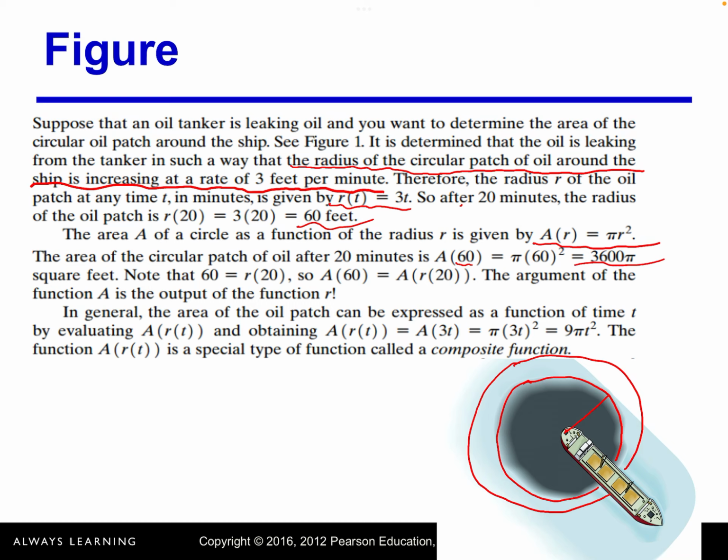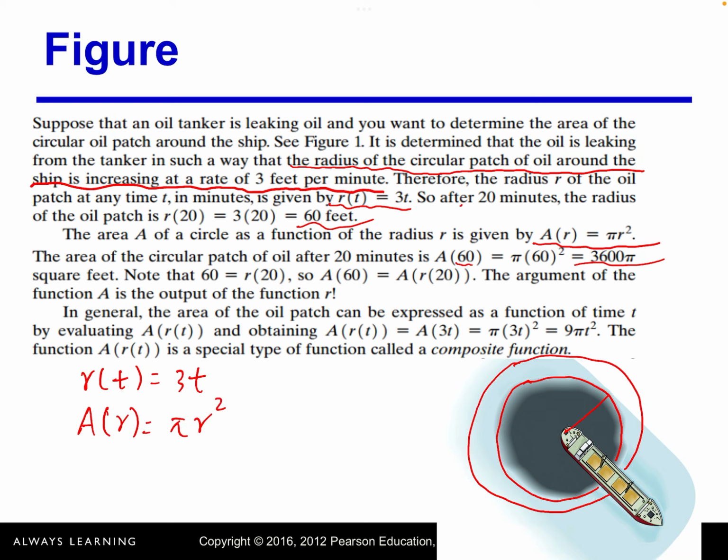This actually involves two functions. The first function is the radius as a function of t. And the second function is the area as a function of the radius, which is pi r squared.